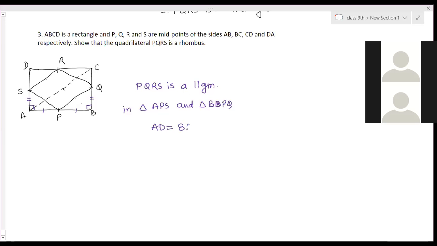AD is equal to BC, so half of AD is equal to half of BC. AS is equal to BQ because S and Q are midpoints.